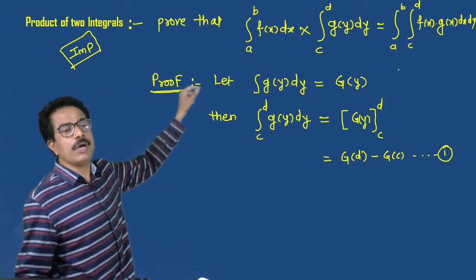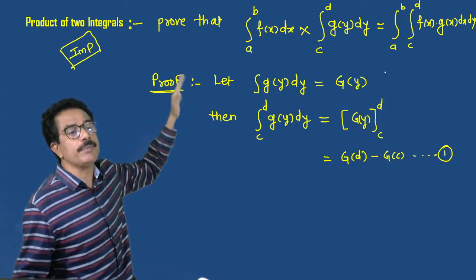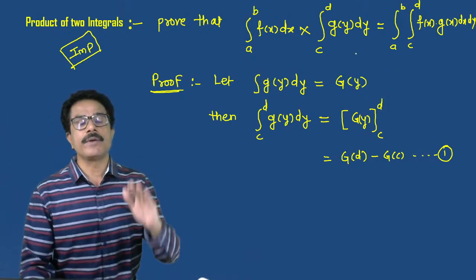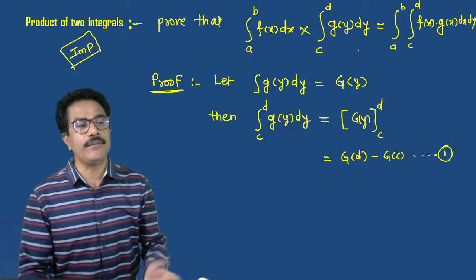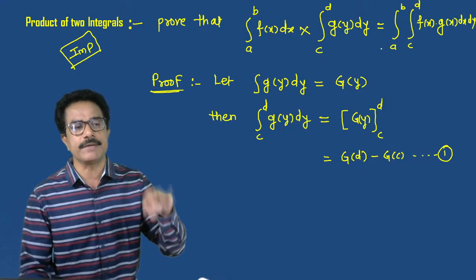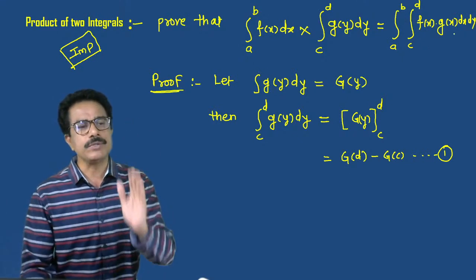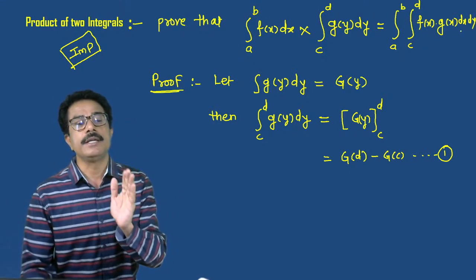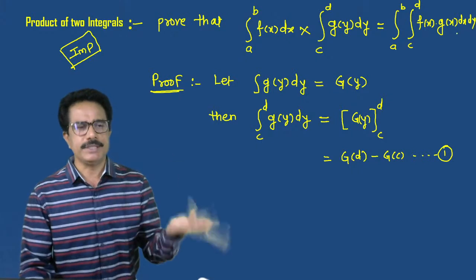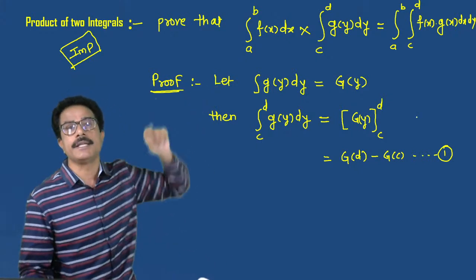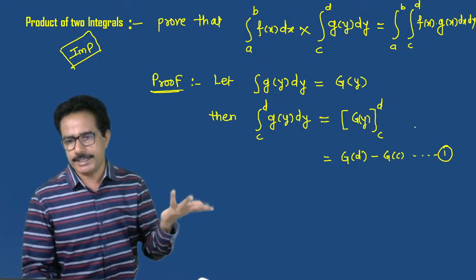Now we have to prove that the integral from a to b of f of x dx times the integral from c to d of g of y dy equals the double integral from a to b, c to d of f of x into g of y dx dy, with respect to x and with respect to y.